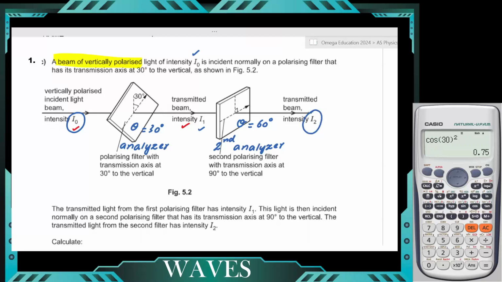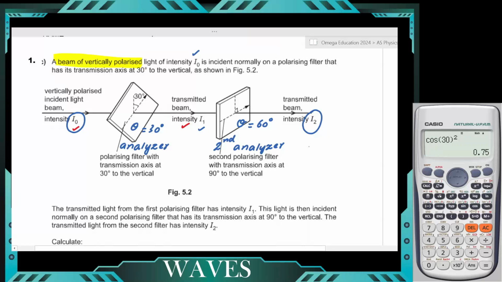Once again, keep in mind a very important pointer: you can never use the formula by skipping two filters at the same time. You can apply that formula directly for intensity before and after a single analyzer. But in this case, we have two analyzers in the middle, so we cannot directly write down the formula.